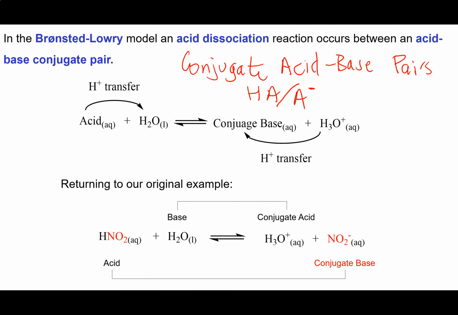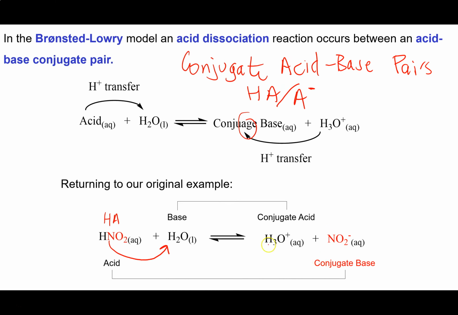So putting some real symbols in so we can see what's going on, and also fixing our spelling mistake here. Here's our acid, you can call that HA if you want, donates a proton to our base. Acids are proton donors, bases are proton acceptors. That's our forward reaction. What does it form? It forms the hydronium ion and the nitrite anion.